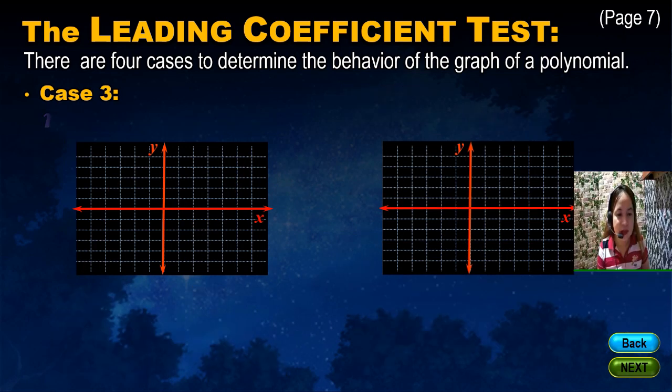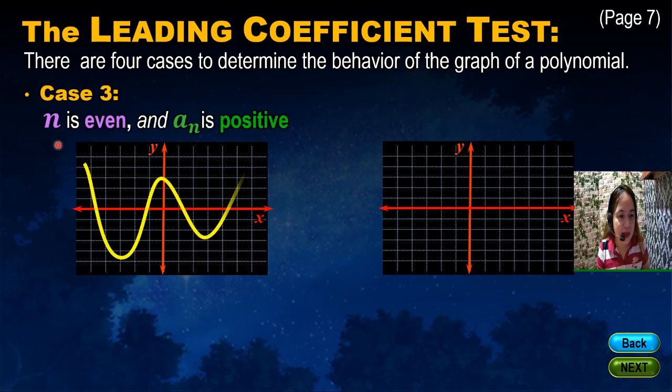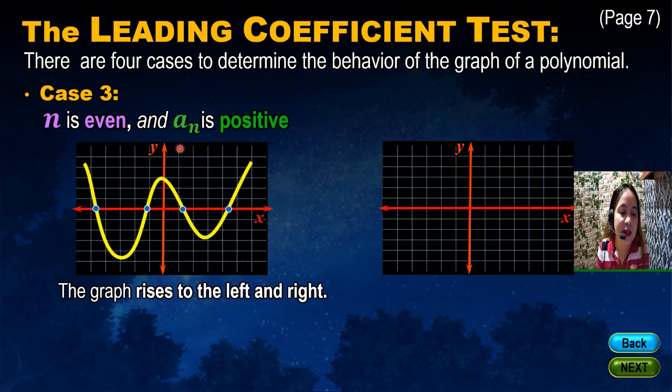So, case number 3, ang n naman niya or yung degree ay even. Ang a sub n, tawag doon ay leading coefficient. It should be positive. So, even, positive. So, kapag even positive, yung graph nyo rises to the left and rises to the right.